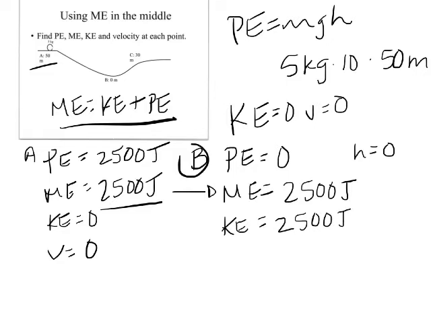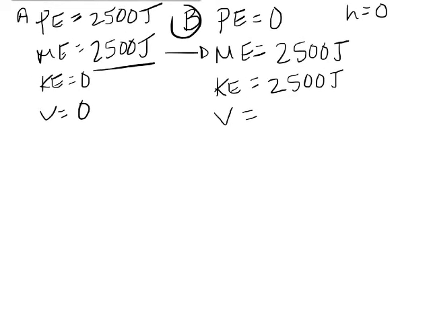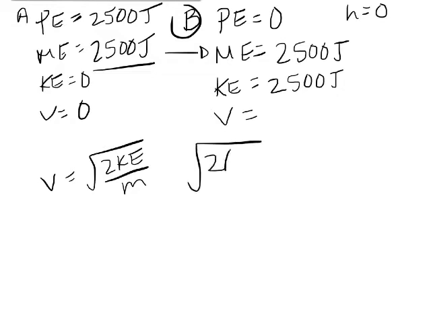So now that we actually have a KE, we can figure out our velocity. So let's get some more room. We know KE is 2,500 joules. If we rearrange the KE equation to solve for V, V is equal to the square root of 2 KE divided by M. So that's going to be the square root of 2 times 2,500 divided by 5.